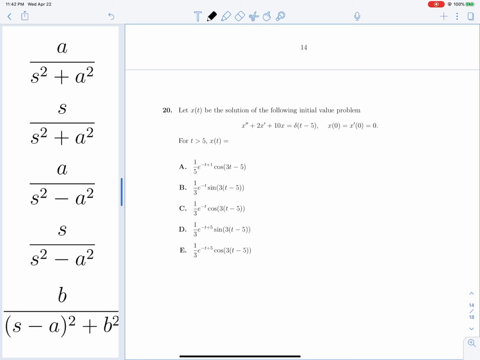weeks. Oh, God. Okay, x of t is the solution to this initial value problem. Let's figure it out. Since all of our initial conditions are 0, we can just say alpha squared Y of alpha plus no initial condition terms, except that we're not dealing with x, we're dealing with... Okay, I'm actually going to quickly restart this and explicitly use y instead of x because my x's and alphas look too similar.